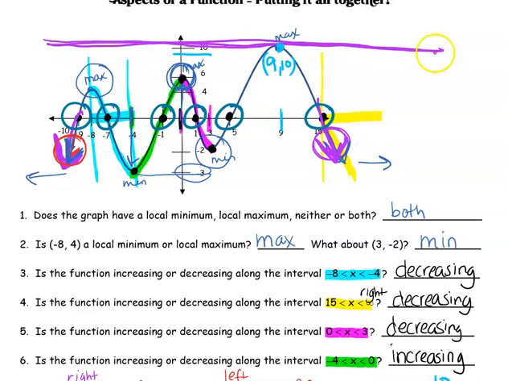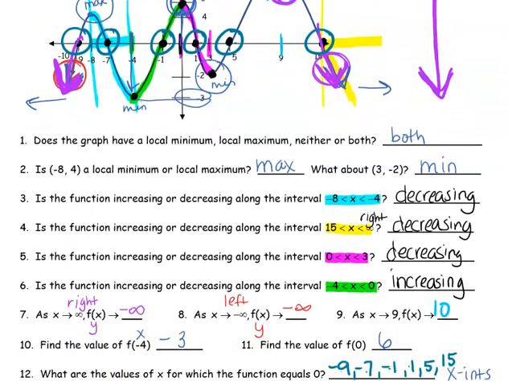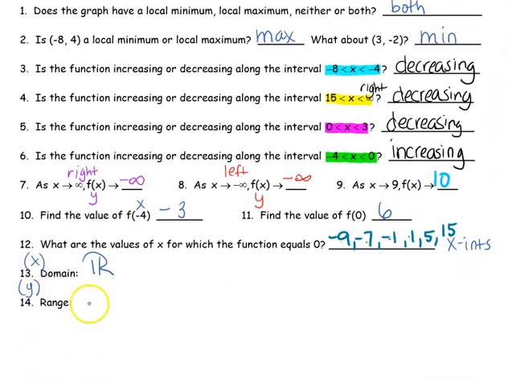Everything in this graph is below that value. And remember, range is in terms of your movement up and down, which corresponds to the y value. So in that point, everything is going to be below 10. So my range is y is less than or equal to 10.